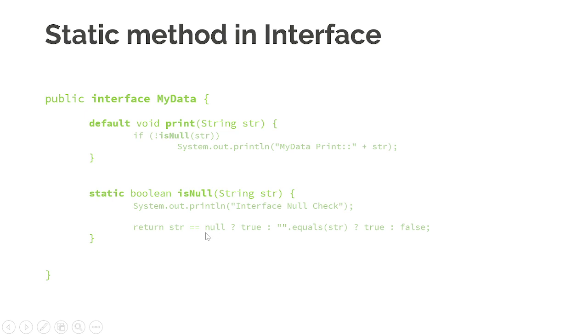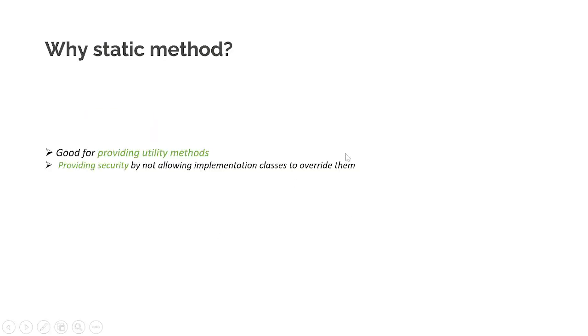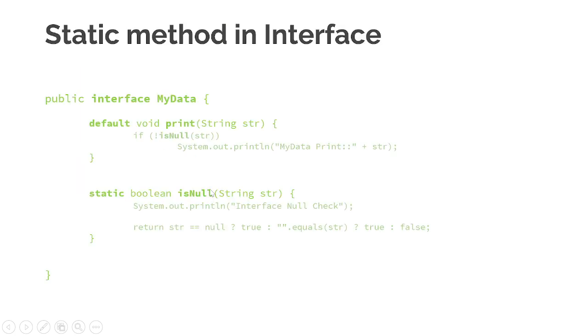So what benefit are we getting? As I told, we can provide utility methods like a null check, or sorting, some collections utility, any kind of utility, instead of providing a separate class. Before, we used to provide utility classes in a project, right? Instead of doing that, we can provide a utility method in the interface and use it.